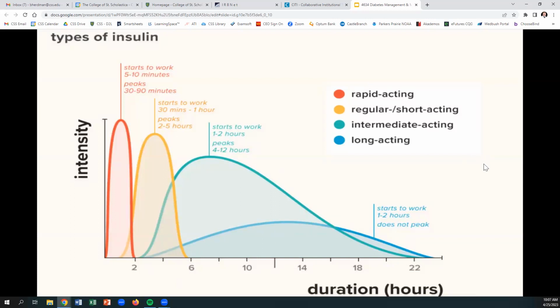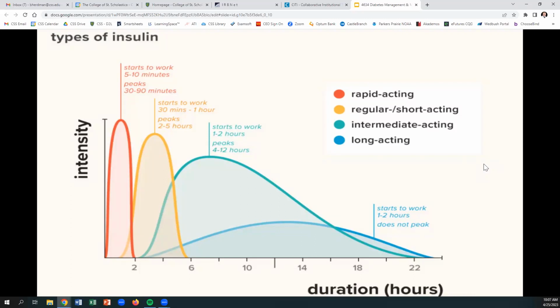And this is why we can give long-acting insulin even to somebody who is actively hypoglycemic, because there is no peak, and it takes so long for that insulin to start working, and the duration of it is so long, so that even when you correct somebody's hypoglycemia, they're still going to need this medication.